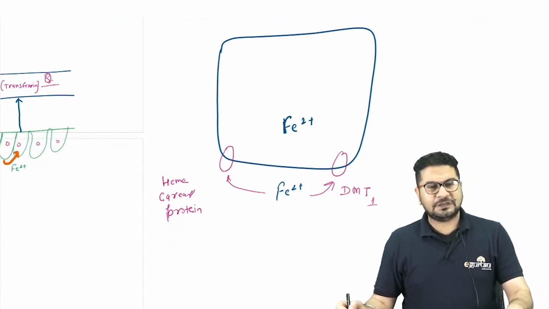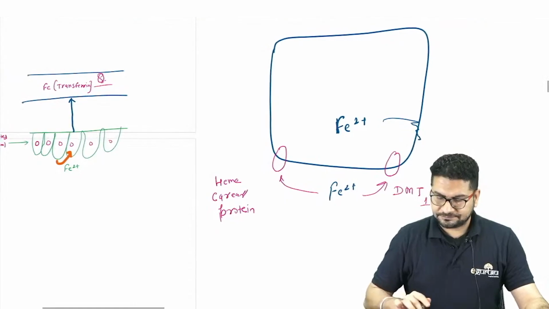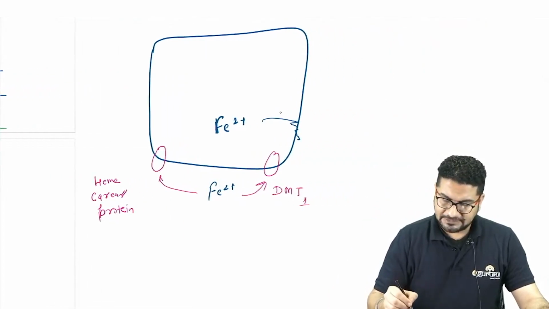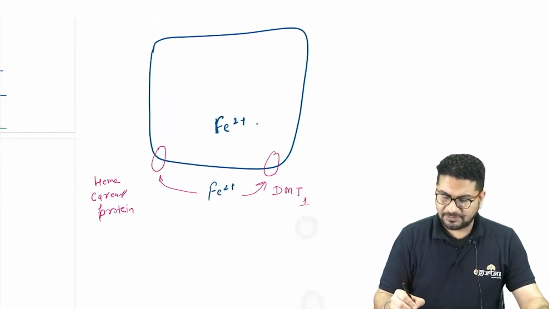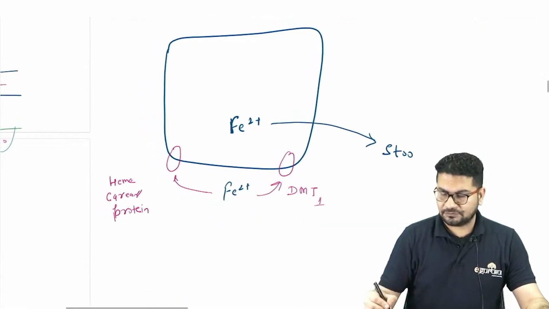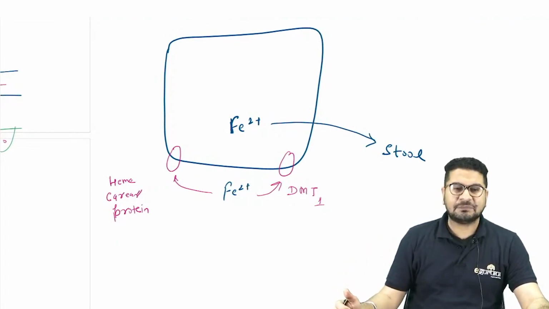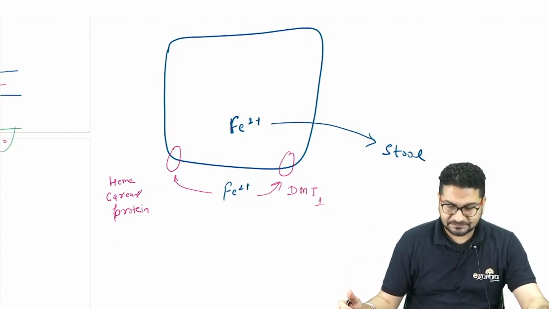Now this Fe2+ from your intestine, either it can go to stool. If it is in more amount, it can go to stool and it will give some color to the stool. So sometimes patients complain of melena, meaning black tarry stool, meaning iron is going out.